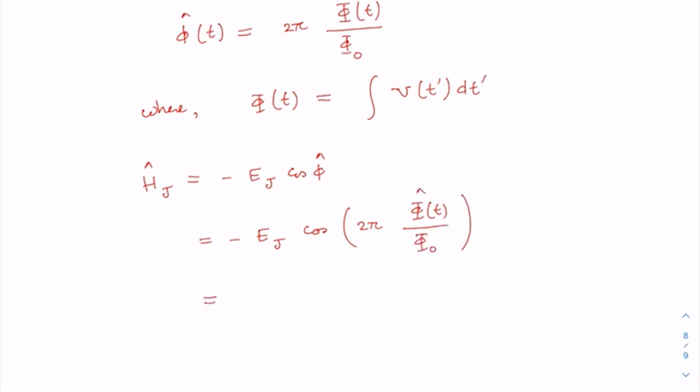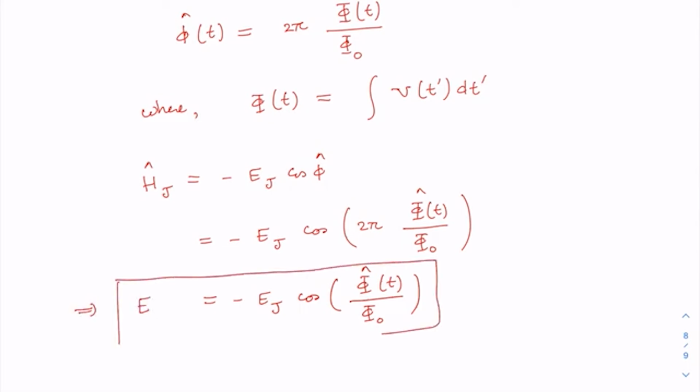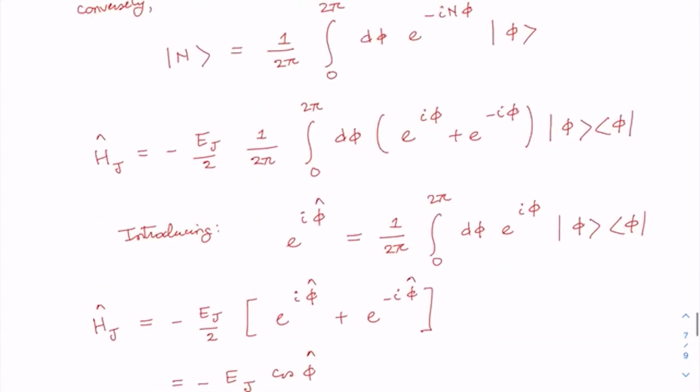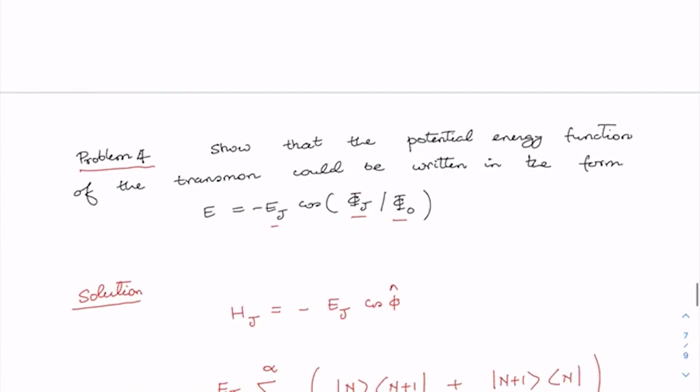This I can simply write as minus Ej cosine of the magnetic flux operator divided by the flux quantum phi 0. In fact this is the required energy function I have. This is part of the Hamiltonian, but again this is nothing but the energy function that we are asked to work out.